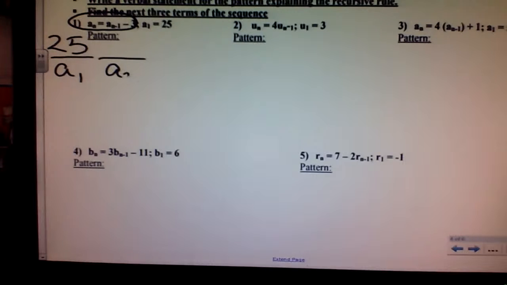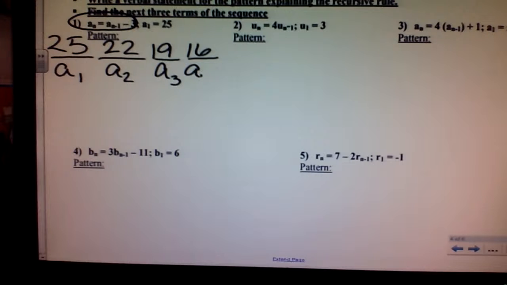So a sub 2 then is 22. So a sub 3 then is 19, and 16, 13, 10. All we want is the next 3 terms, so we can stop at a sub 4.